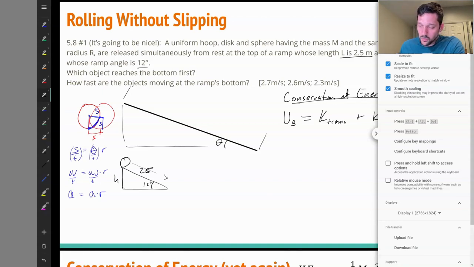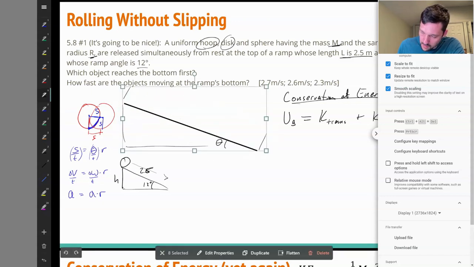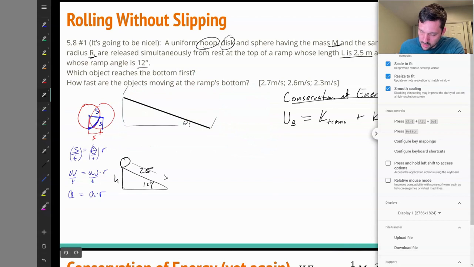And so basically what we want to do is compare the different objects. Let's just do a hoop and a disc, and see if we can use that to determine how fast they're going to be going at the bottom of the ramp. Well, they've got the same mass and the same radius r, so that makes that arguably a little easier. And so let's consider the fact that we've got gravitational potential energy, so we've got mg delta h.